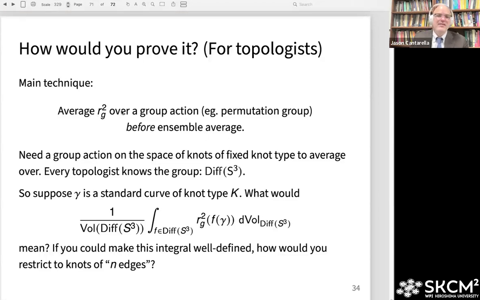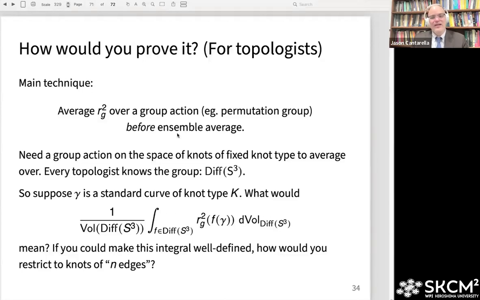What we did in the previous theorem was we averaged the radius of gyration over a group that acted on the space, the permutation group, and then we did the ensemble average of the group action average. So we need some group action on the space of unknots to average over. And you think you know what the group is. It's probably the diffeomorphism group that takes unknots to unknots.